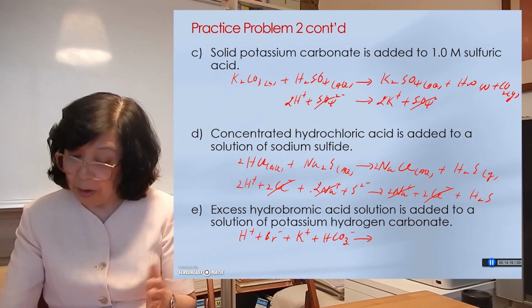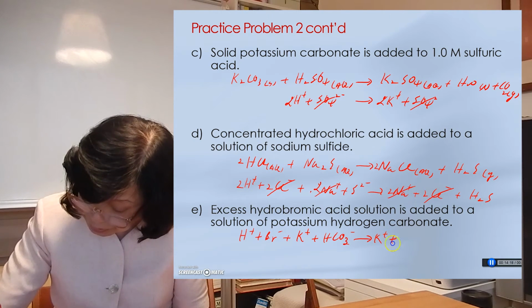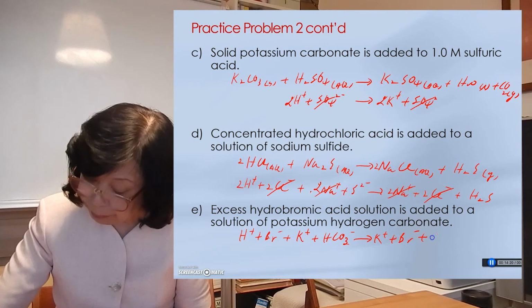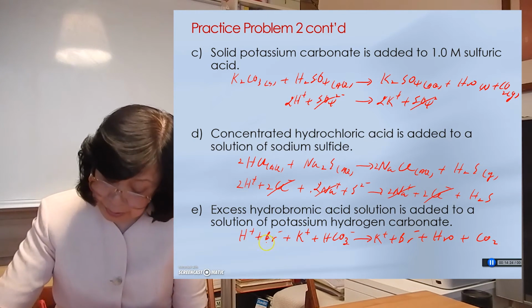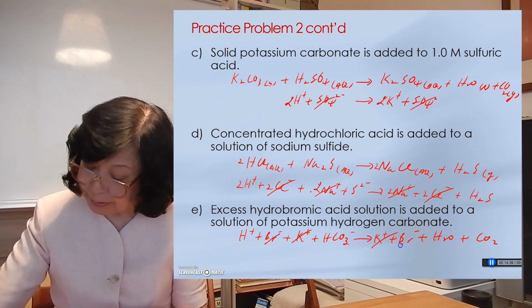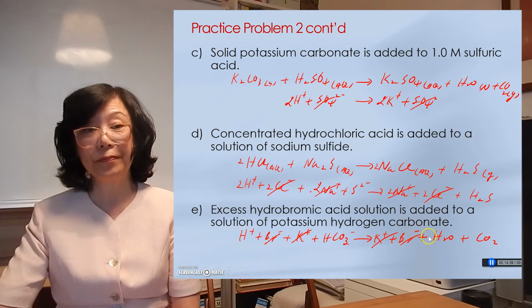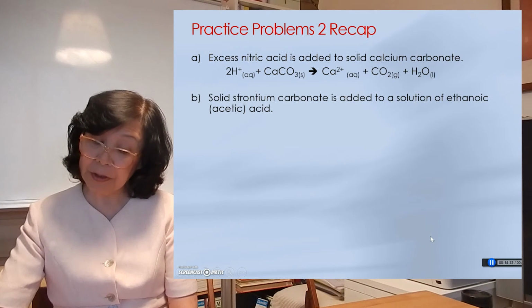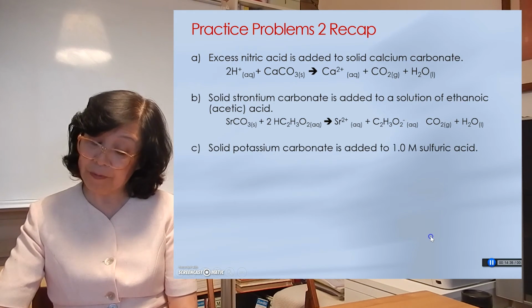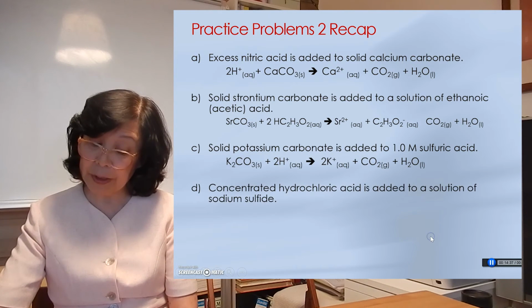Now that forms potassium bromide, which is water soluble, and water and CO2 gas. Now we cancel out the potassium bromide. Now you have the net ion equation. So here's a recap of my previous work. If you find that I'm going fast, you may want to pause over here and write it down for practice.